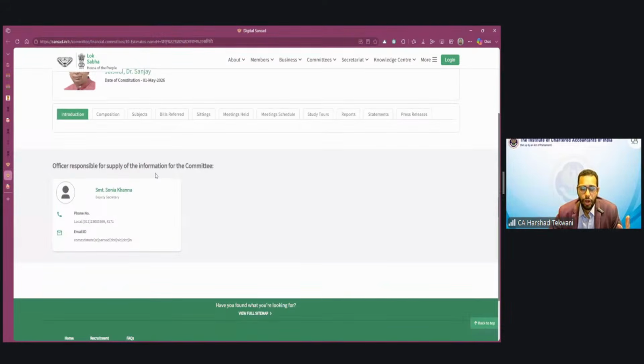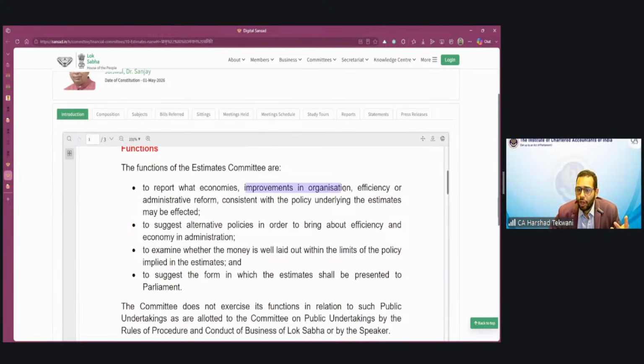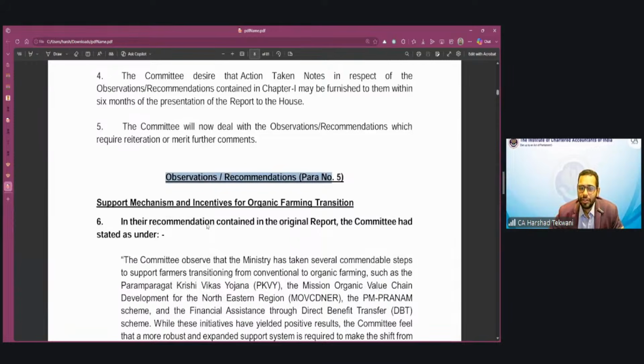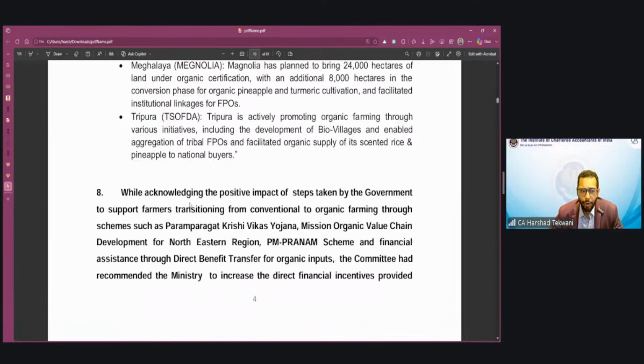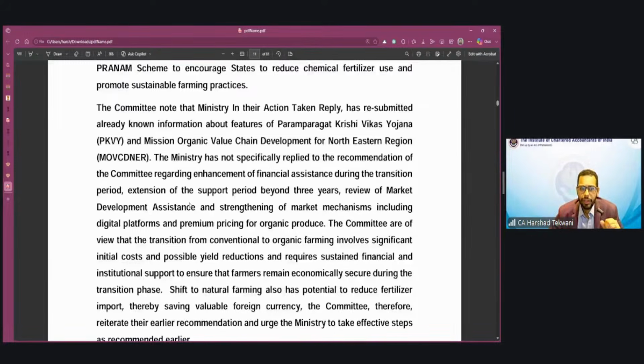In the introduction, there is improvement in the organization, efficiency or administrative reform. So they are suggesting the reforms here, with observations and recommendations. Now I'll show you some observations. See what they are suggesting.